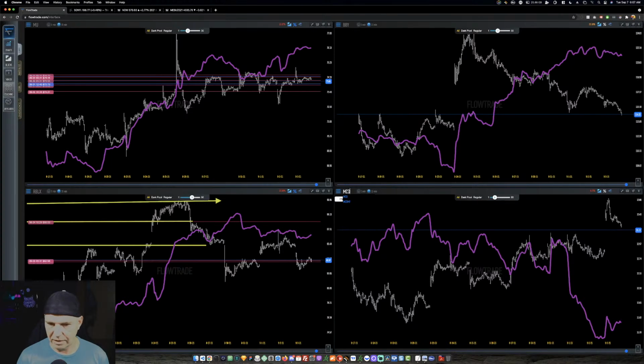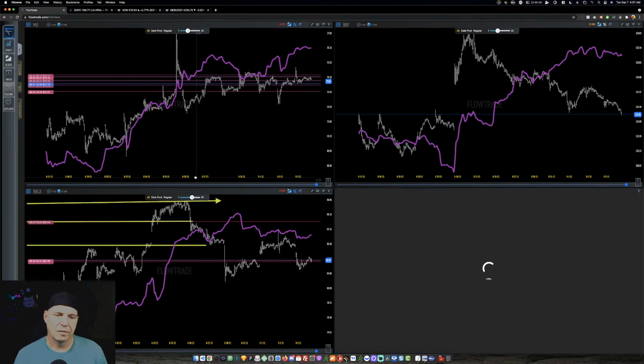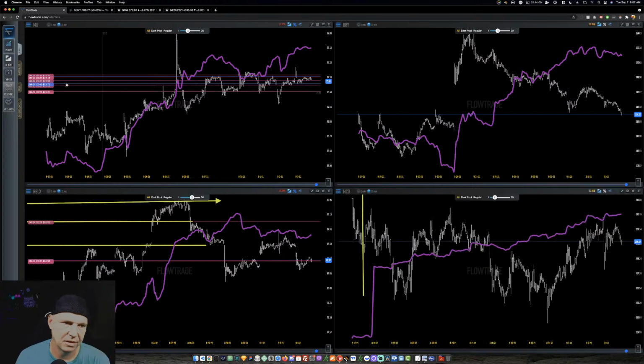All right, last couple ones, and I got to run. So here's another couple stocks that have bullish divergence.